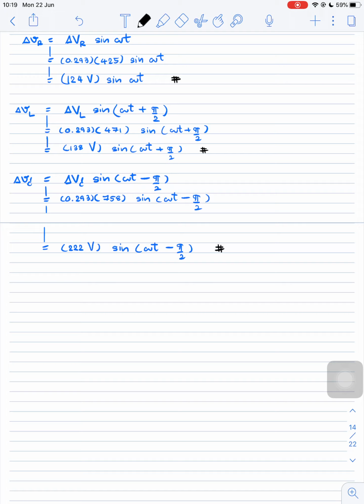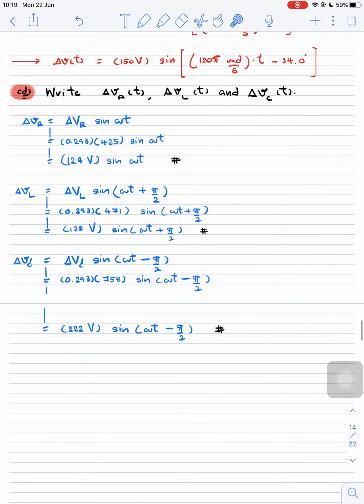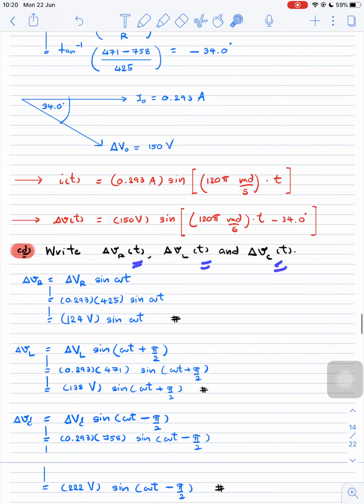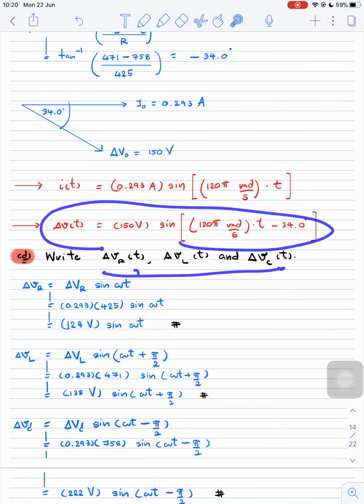So here we get the potential difference across R, across L, and across C as a function of the time t. Now from part C, we get the potential difference across the combination of the RLC as this one.